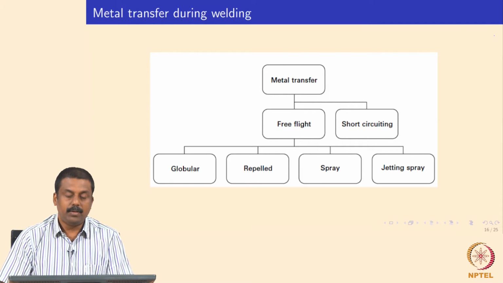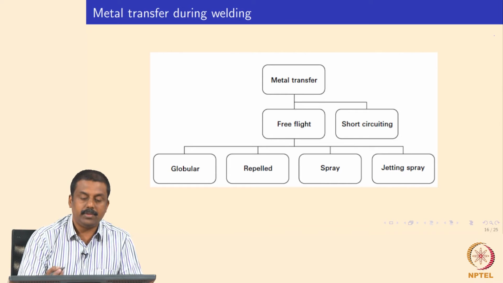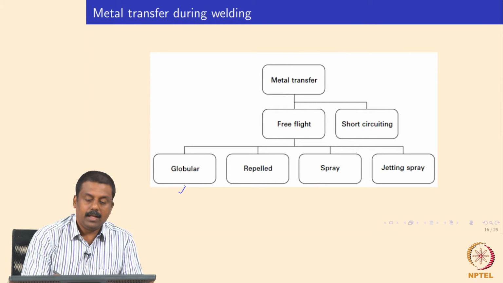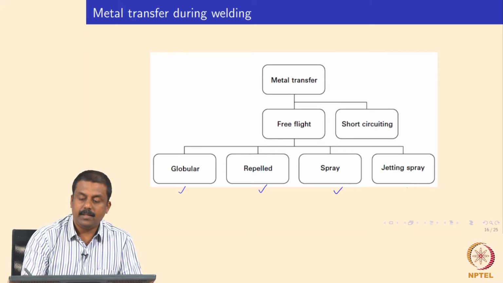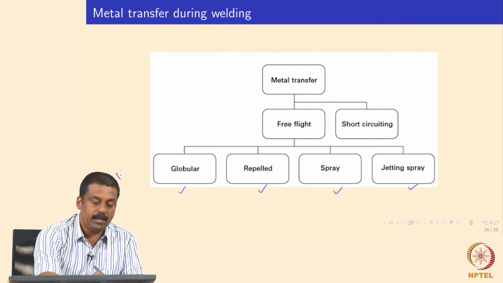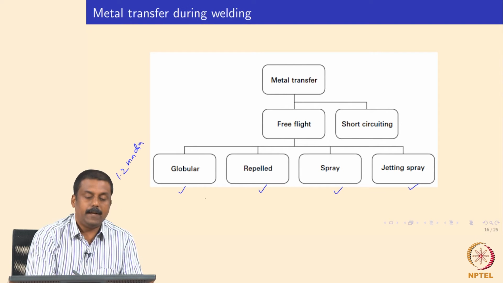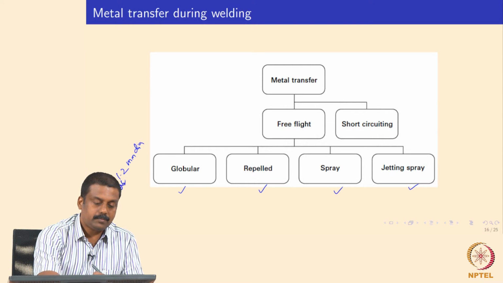So in the free flight mode, there are 4 types of transfer generally observed: the globular, rippled, spray, and jetting spray. So the globular transfer happens when, for a given diameter of the electrode, for example 1.2 mm, which is a commonly used electrode diameter in carbon steel.